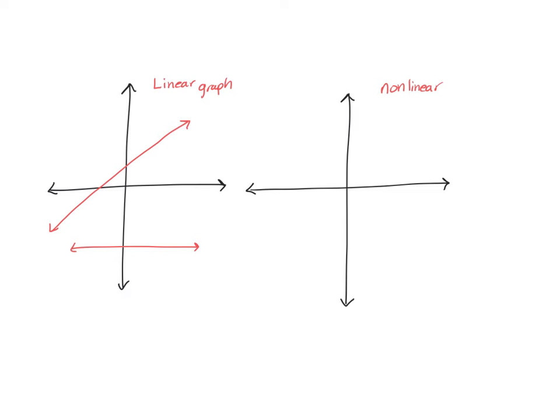So let's say you have something like this. That's non-linear. Or if you have something like a parabola of some sort. So a parabola is a shape that looks like this. Let me draw it in a different color. Okay, that's obviously non-linear. You can also have something that looks like this. It looks like an upside down V or even a V.